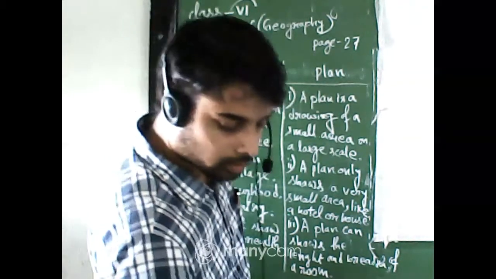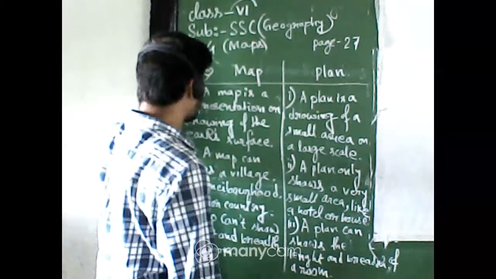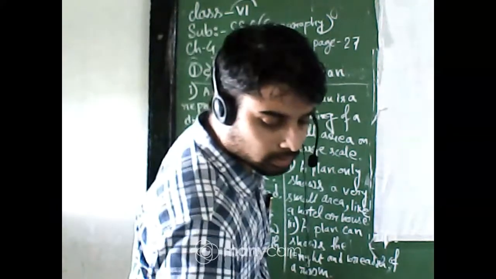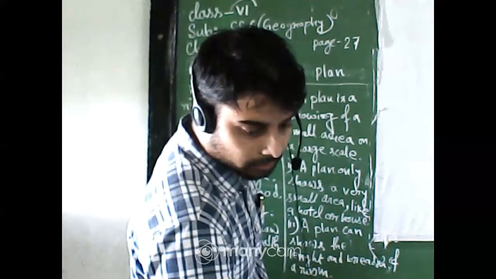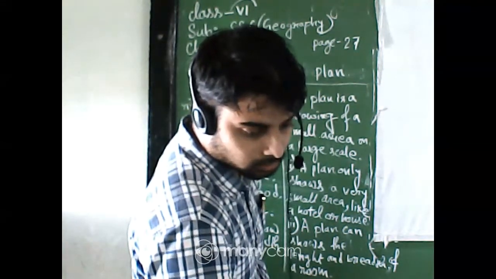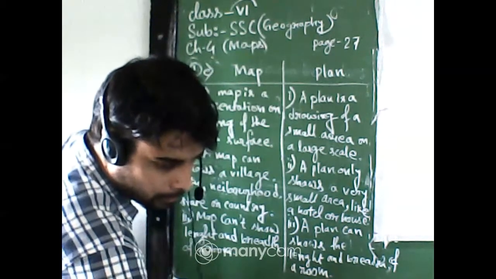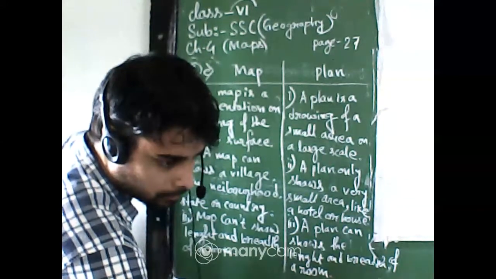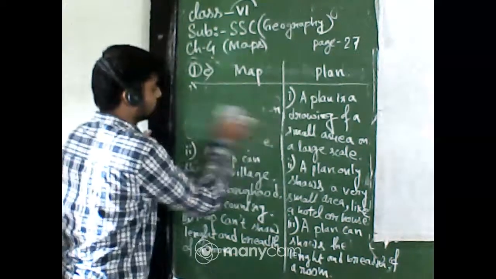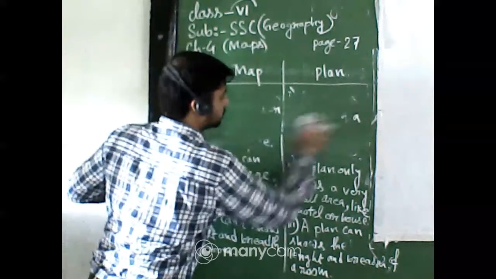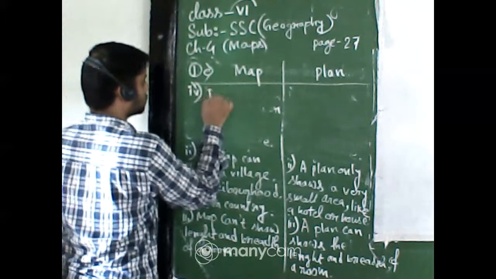Okay. And another difference was there. I am rubbing here. Another difference. This is the last one. After that, I'll finish this class. Okay, I'm rubbing this point number 1. Just write in map 4.